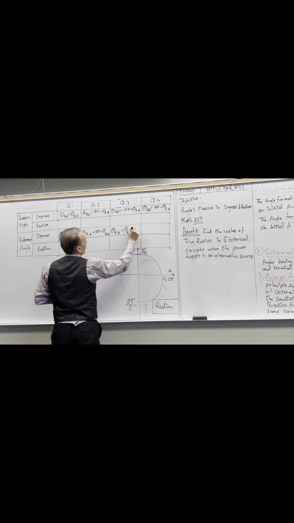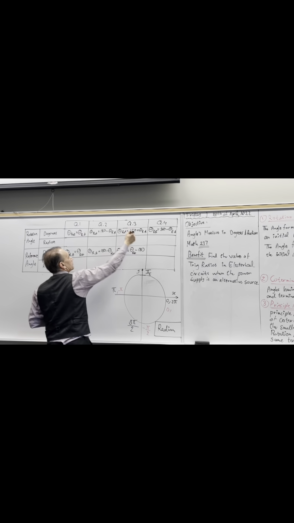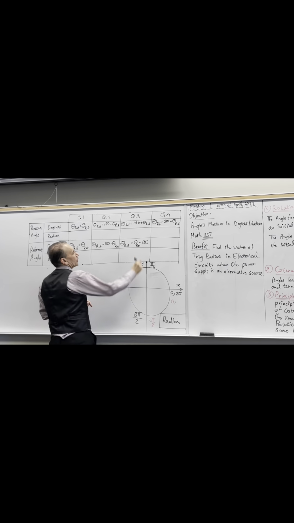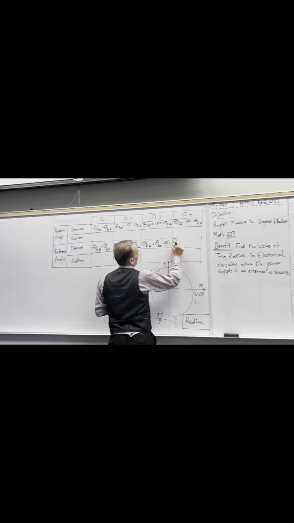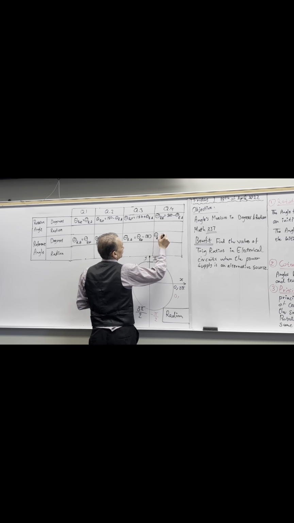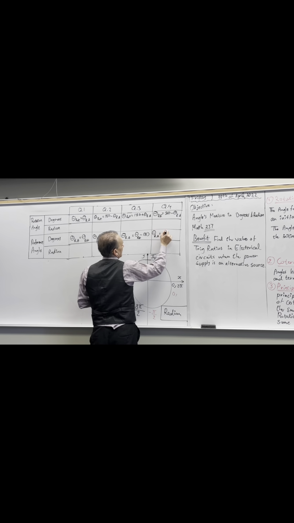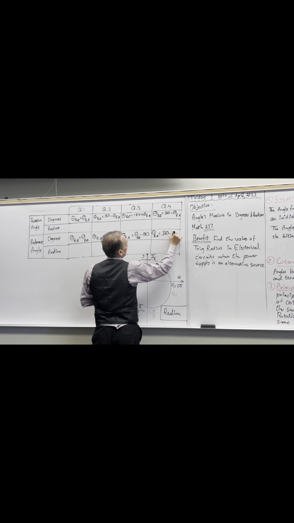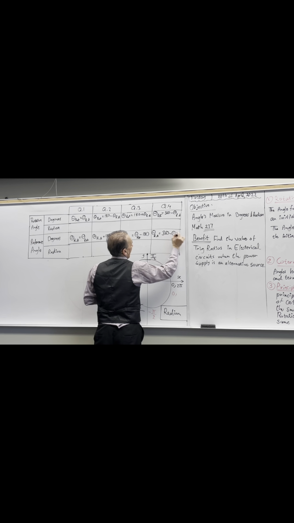Here, the reference angle is equal to the rotation angle minus 180, if I move the 180 to the other side. And here, the reference angle is 360 minus the rotation angle. That's the first part.